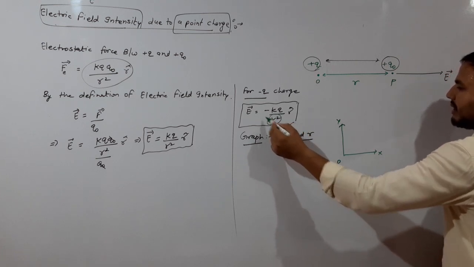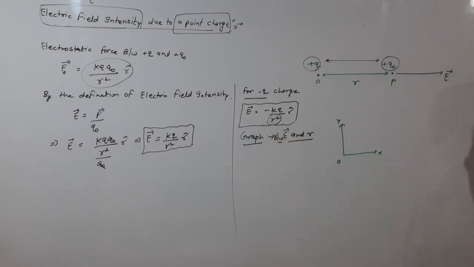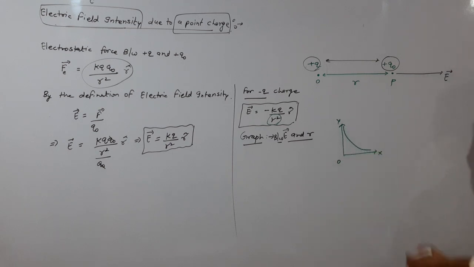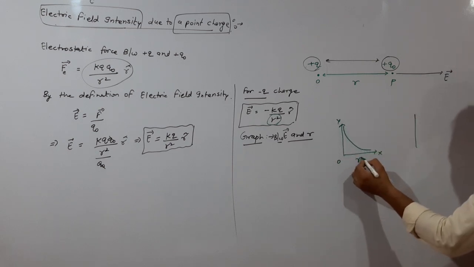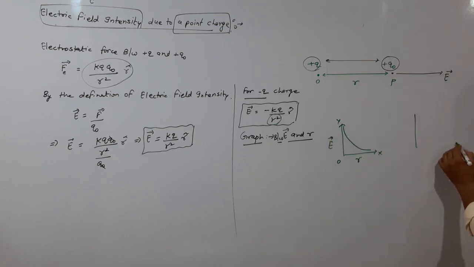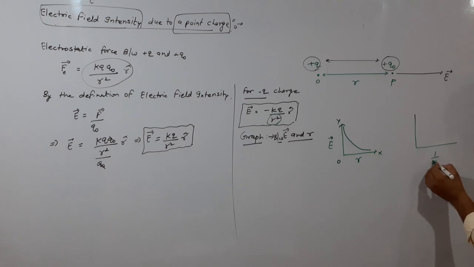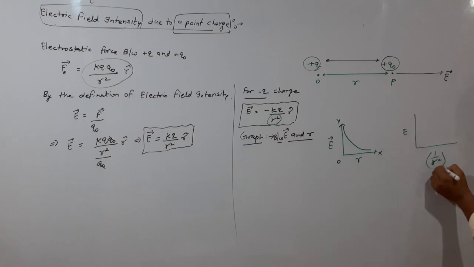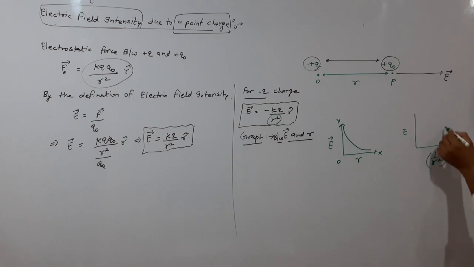Here r square is inversely proportional to E, so the graph looks like that. If you take r here and E vector here. If you take 1 upon r square against E, then you will get a straight line.